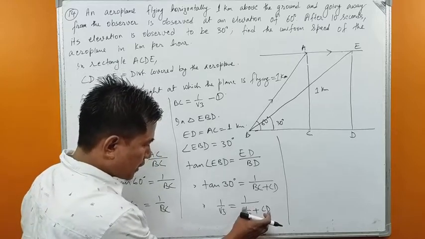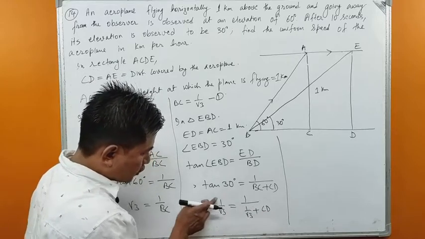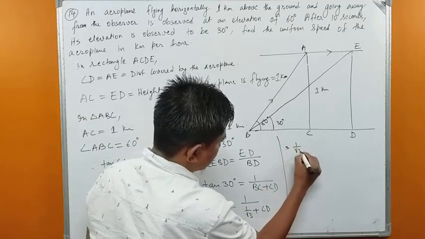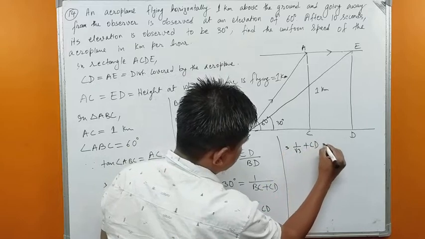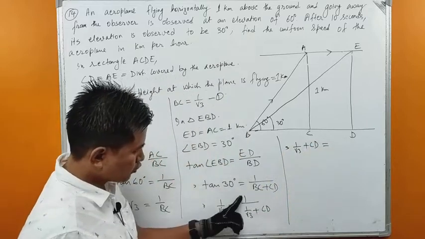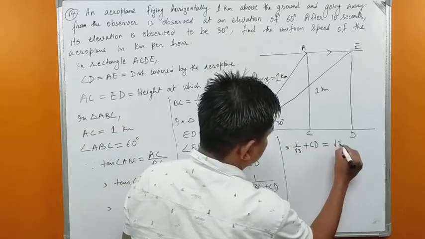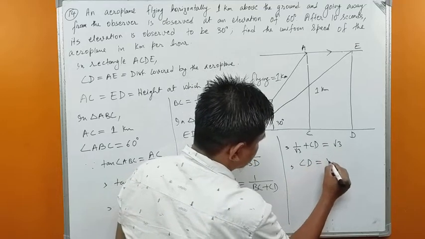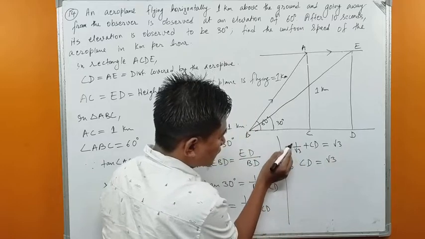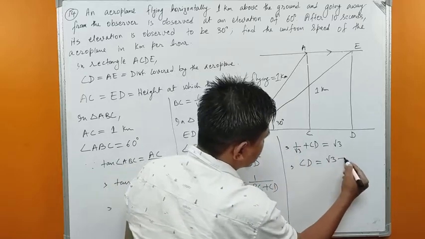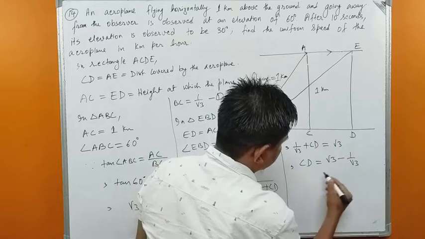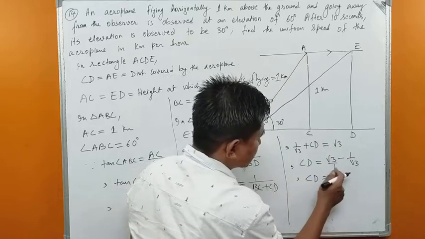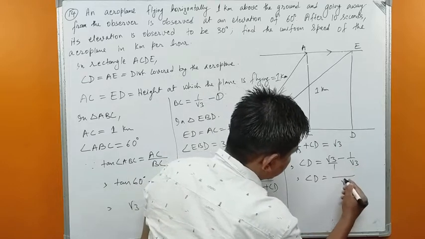So let us cross multiply this. 1 upon root 3 plus CD into this 1 equals root 3 into 1, root 3. So CD equals root 3, and let us take this 1 upon root 3 to the right hand side, it becomes minus 1 upon root 3. CD equals, 1 is in the denominator, so LCM of 1 and root 3 is root 3.